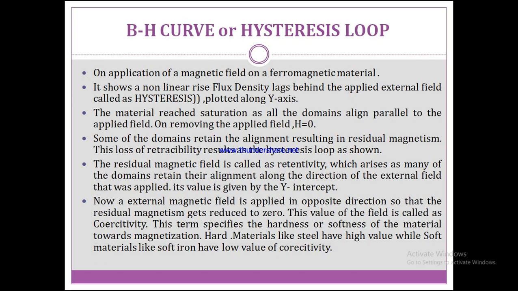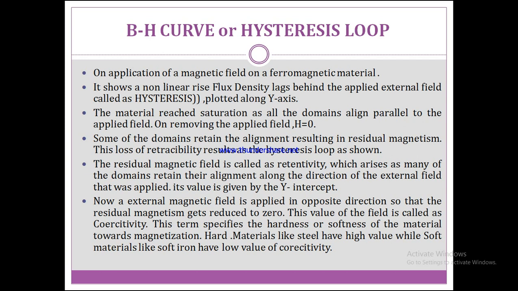On application of a magnetic field on a ferromagnetic material, it shows a non-linear rise, that is, flux density lags behind the applied external field, called hysteresis, which is plotted along the y-axis. The material reaches saturation as all the domains align parallel to the applied field.